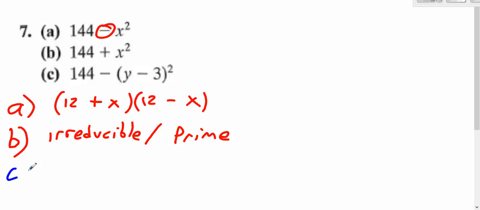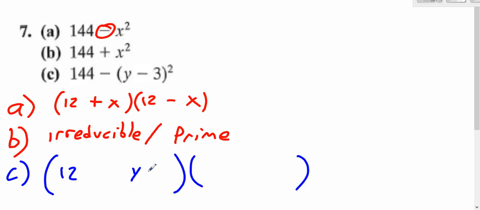And then C is a little bit tricky. 144 is 12 squared, so we know we get a 12 in the front. It's also a minus in between here, so that means we can do it. The y minus 3 squared means y minus 3 is the part that's being squared.